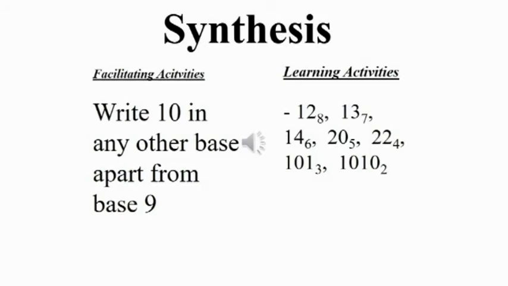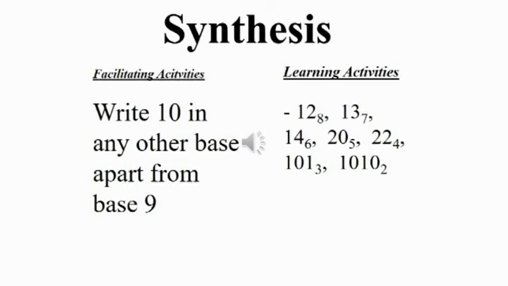For example, the teacher will ask a question like this: write 10 in any other base apart from base 9. Or the teacher can ask, write 10 in any other base of your choice apart from base 10, because 10 is already in base 10.